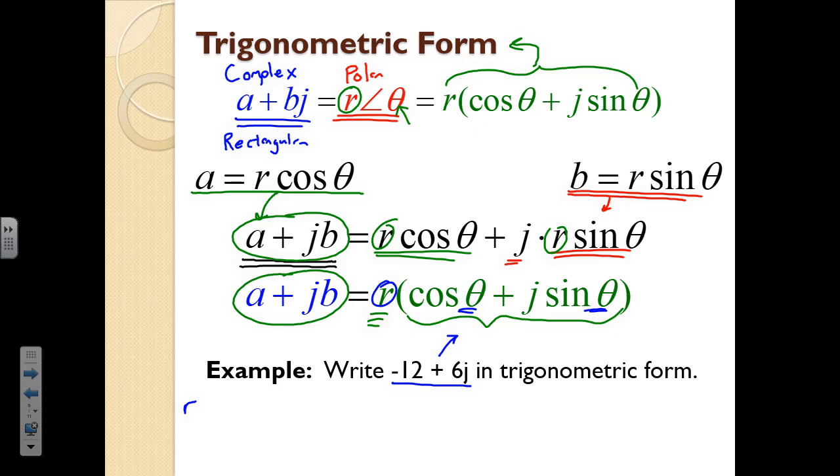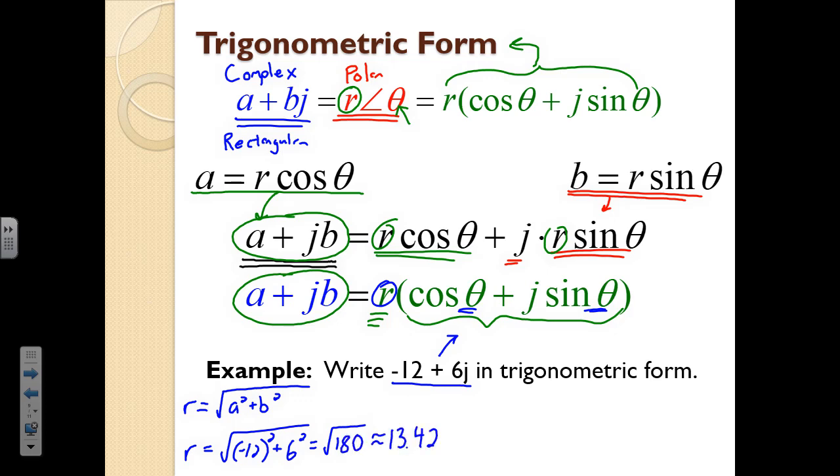Our r value is found by taking the square root of, from what we saw earlier, a squared plus b squared, and in this case r is the square root of negative 12 squared plus 6 squared. You can do the math on that, but it turns out to be the square root of 180.